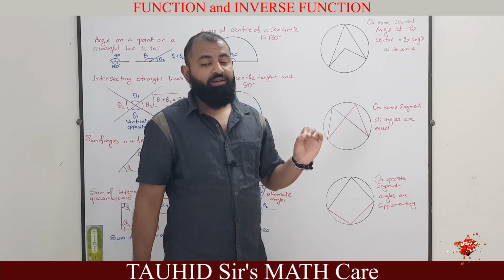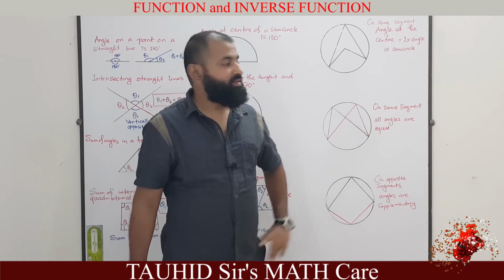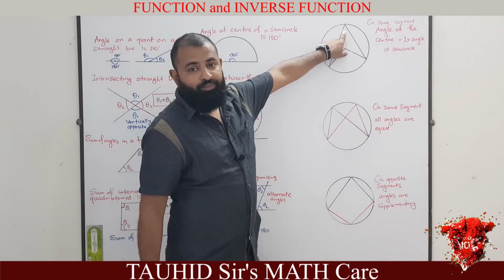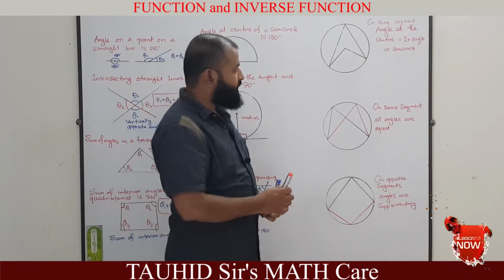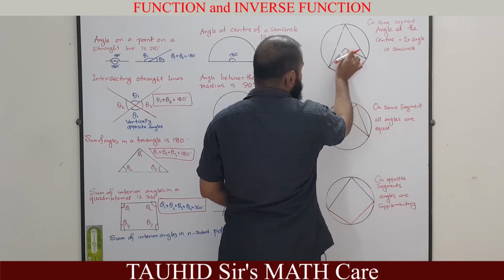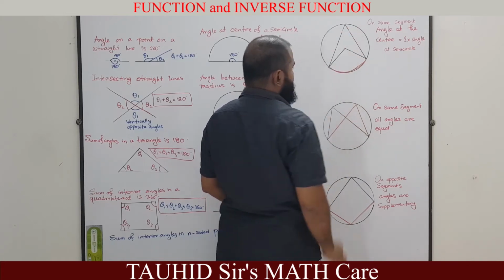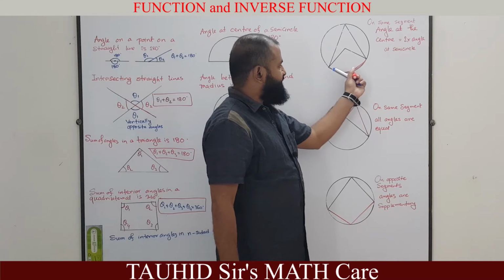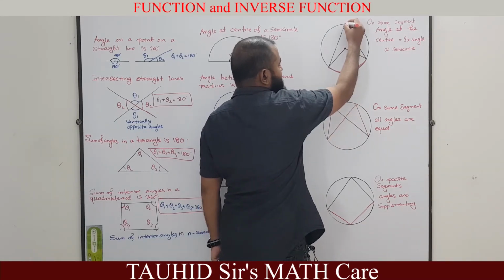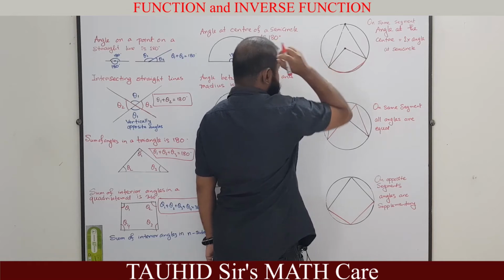On the same segment, the angle at the center is twice the angle at the circumference. How? This portion is called a segment. Both this angle and this angle reside on this segment. This is the center of the circle and this is a point on the circumference of the circle.